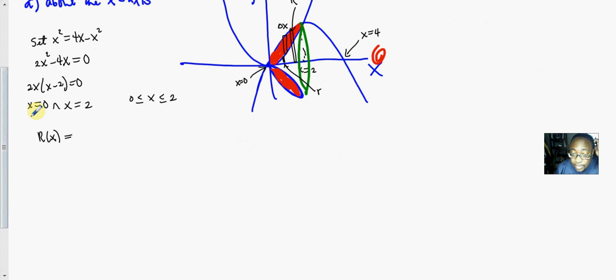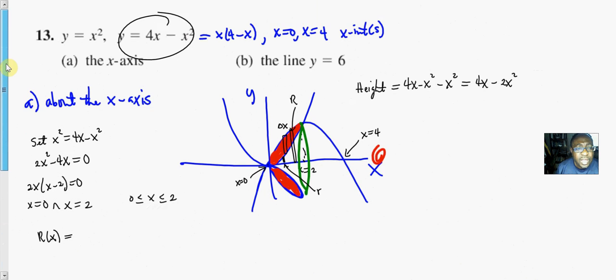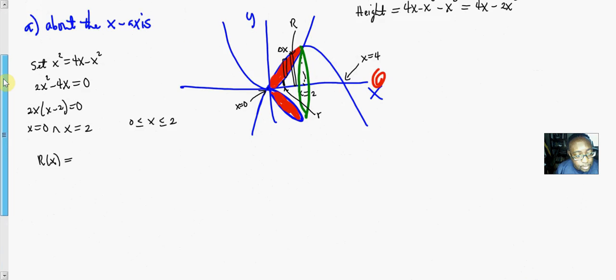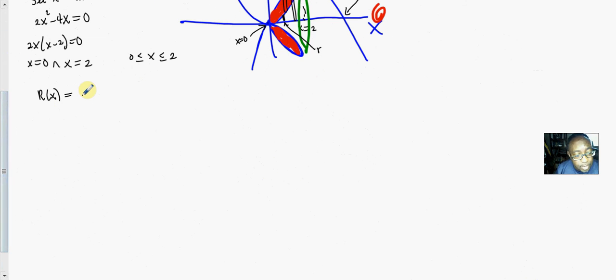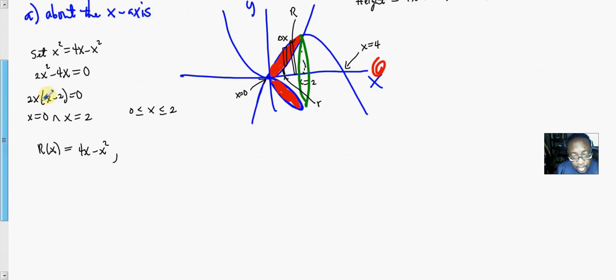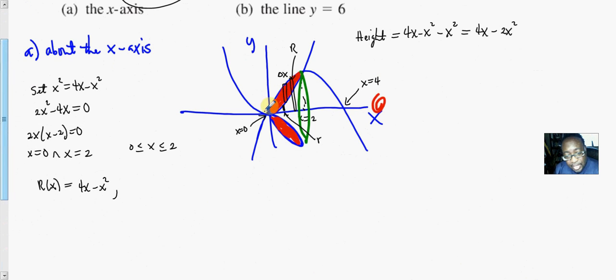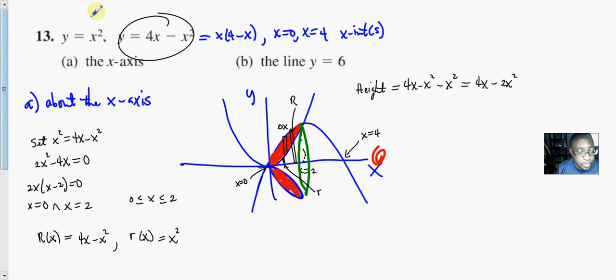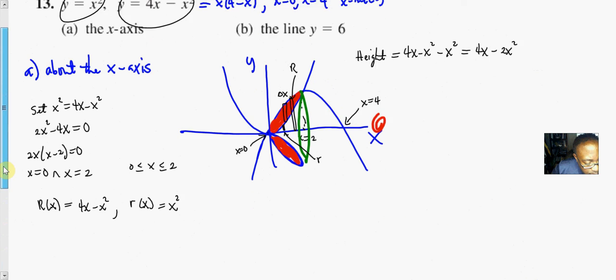So that is 4x minus x squared. And then the little radius is the hole that I want to take out, and that's that parabola minus 0. I think the parabola is just x squared. Yes, it is. Right here.